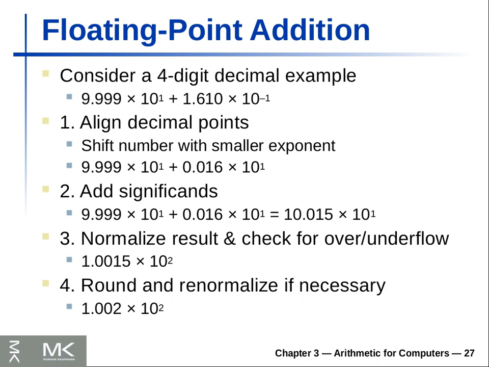But in this example, we're saying we have a 4-digit decimal number. We can only store 4 digits. This has a 5th digit. So we have to round and renormalize if we need to. With floating point, you can only store 23, technically 24, 1-bit digits.